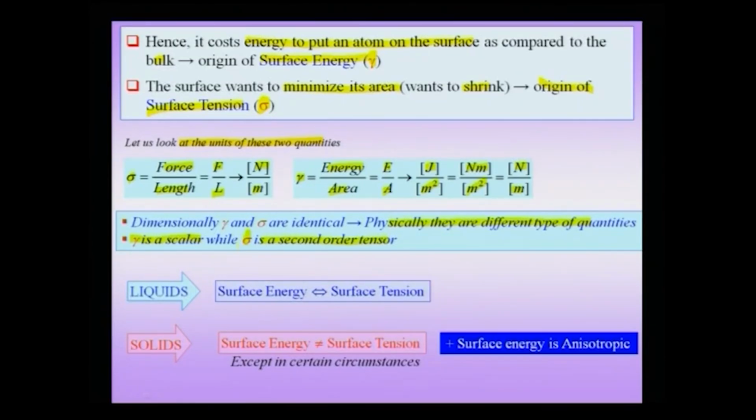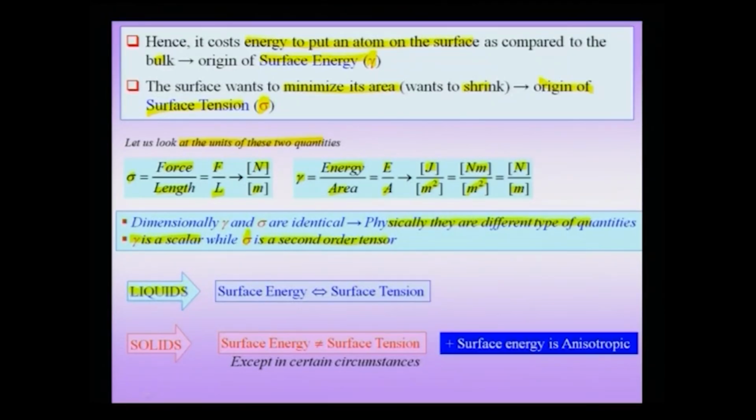Just to summarize this slide, we have two important quantities when we deal with surfaces. One is surface energy, the other is surface tension. Dimensionally they are identical, but we should note that they are physically very different kinds of quantities. Gamma is a scalar and surface tension is a second order tensor.